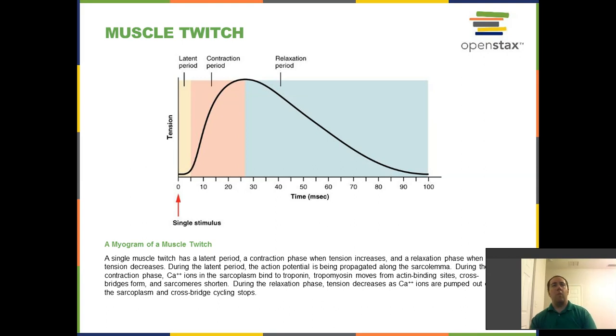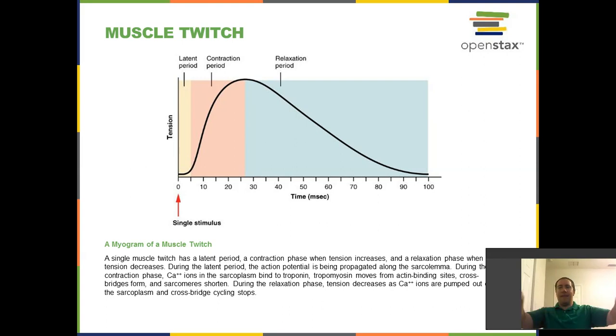Because it needs time to reach the muscle. So yes and no. The zero time point is when the action potential reaches the muscle. But there were a number of steps that had to happen, right? The acetylcholine has to be released. It has to get across the synapse. It has to bind to the sodium channel. The sodium has to come in.